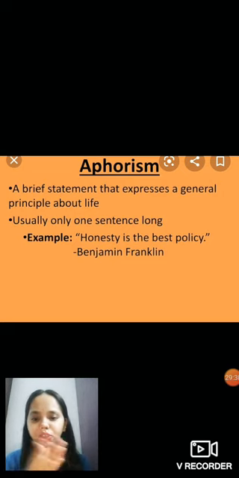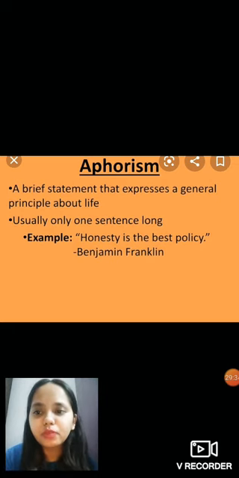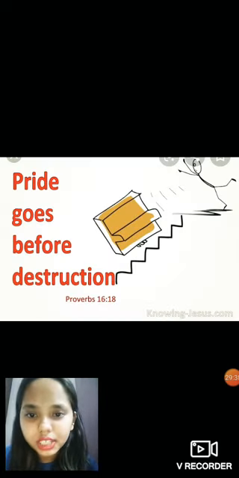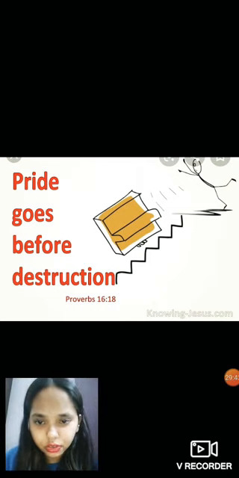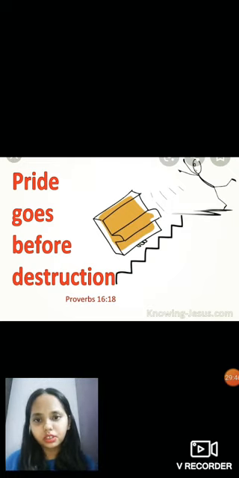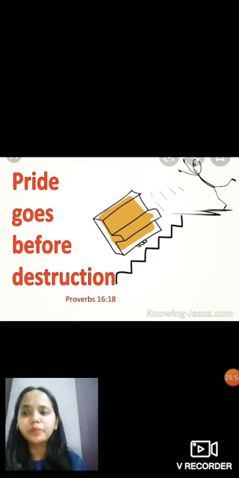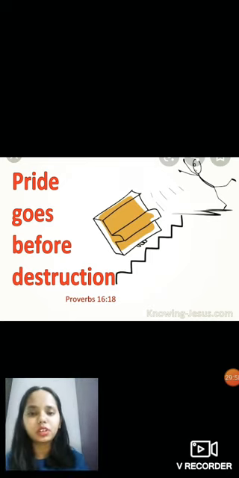I'm just giving you a backstory so that you understand what an aphorism is and the meaning of pride goeth before a fall. This is a phrase from the Bible, Proverbs 16:18. We'll concentrate on this: pride goeth before a fall means only pride goes before destruction.